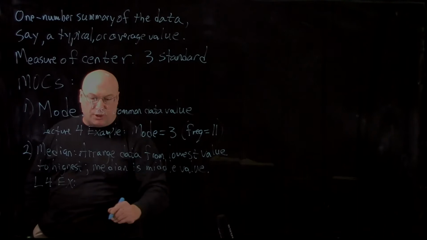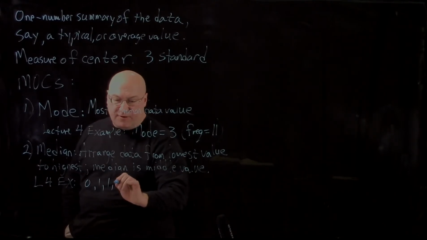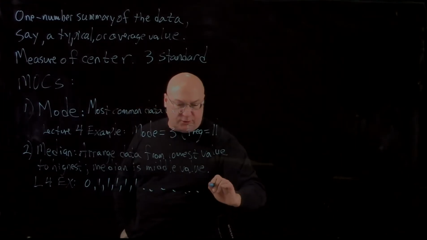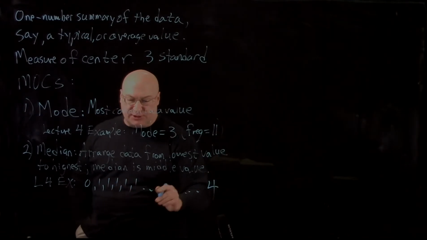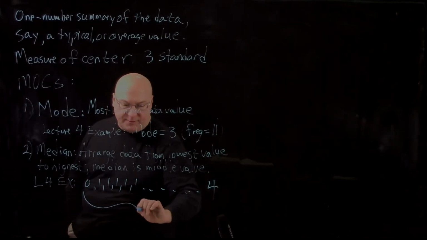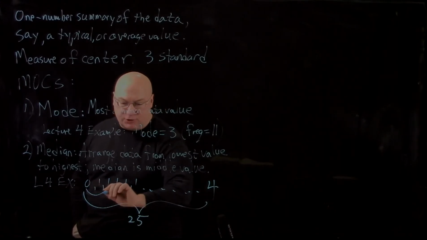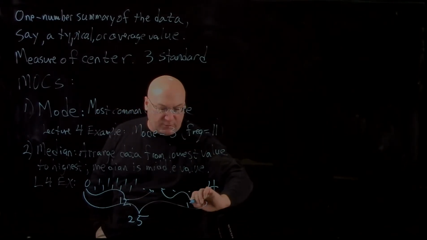The lowest one was 0, and then there were 5 ones, et cetera, all the way out to a 4 way out here. And because there's a total of 25, you want to go out 12 so that you have 12 more left here.